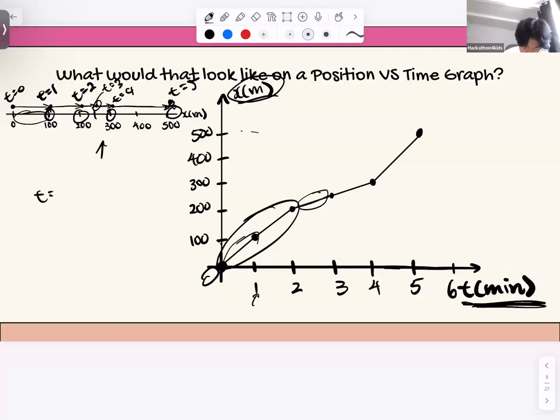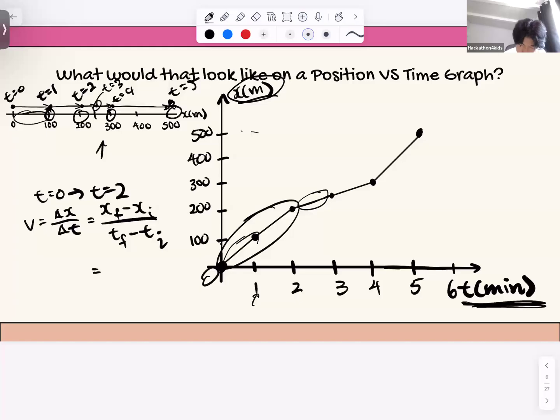So from t equals 0 to t equals 2, what is the slope? Remember v equals change in x over change in time. Okay, x final minus x initial. And delta t would also be t final minus t initial, right? So let's just find that using the graph then.